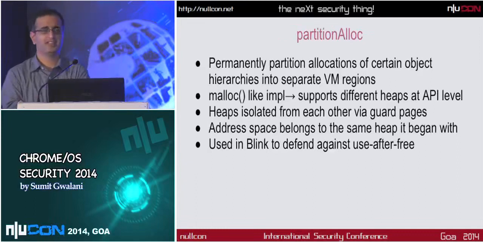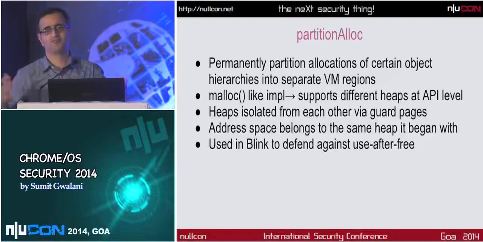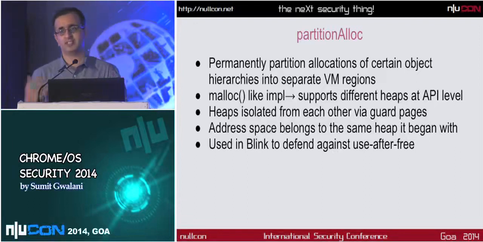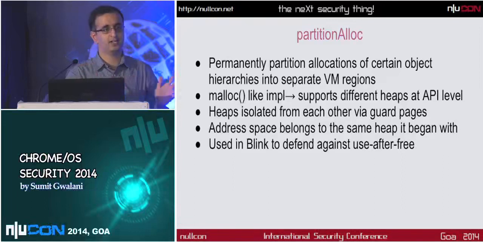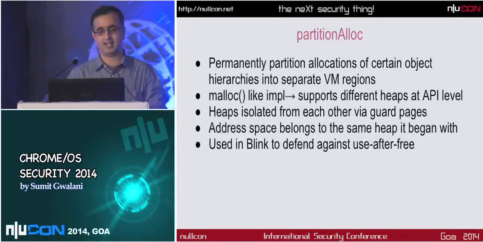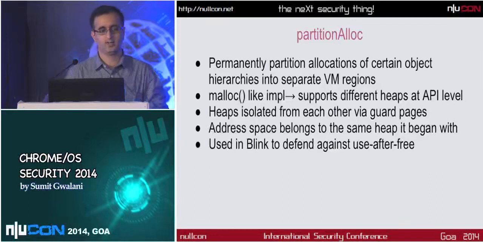One of the things we noticed when running exploit contests and looking at the bugs we received externally was that a lot of them were use after free bugs that actually resulted in a full exploit. So how do you defend against that? One of the engineers on my team came up with an idea.